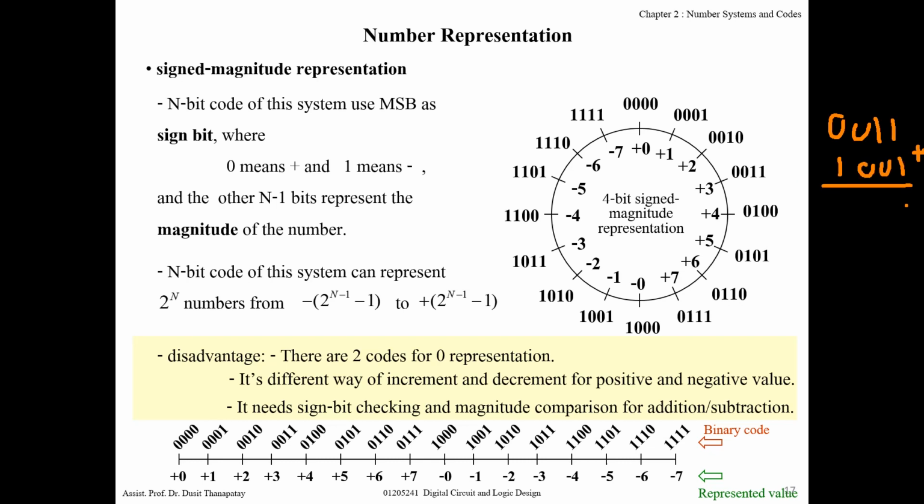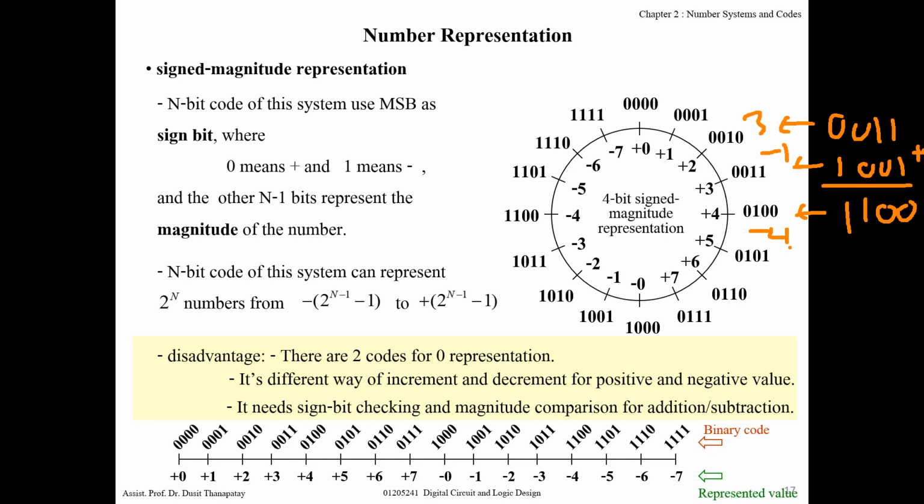Your result is 0 0 1 1, right? This number is plus 3, this is minus 1, and this is minus 4. Oh, it's not okay. So you cannot do addition between a positive number and a negative number directly and easily in this number system.